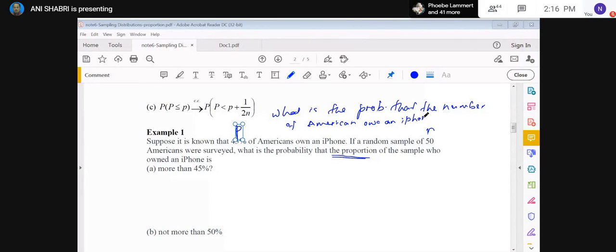More or less this one, more or less this one, less, and so on. More or less than 3%.